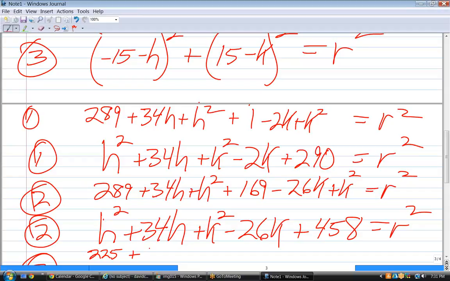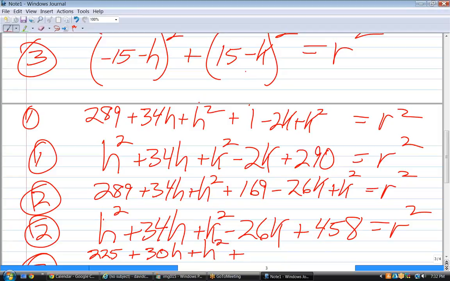Negative 15. Remember, it's 2 times this times that. What is that? It's 30h. Plus h squared.